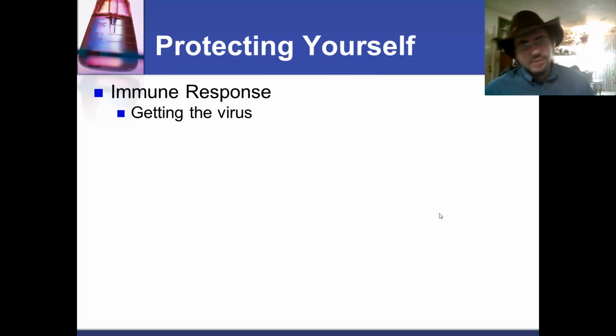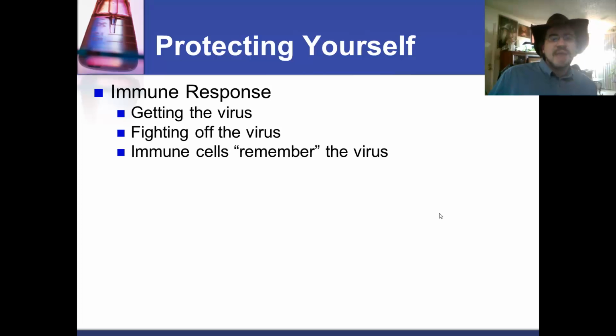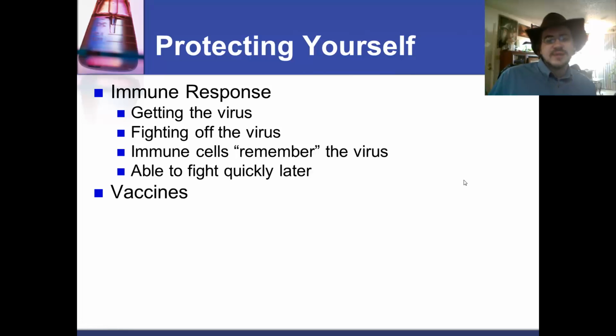You don't need to know the term memory cells, but these memory cells then can, if you ever get the virus again, start cranking out antibodies to fight the virus. And it allows you to respond to a subsequent viral infection much, much faster. So it sort of protects yourself. So you fight off the virus, and then you get antibodies that can come back if you ever get infected again. So your immune cells remember the virus, and they can fight it off much faster later on.